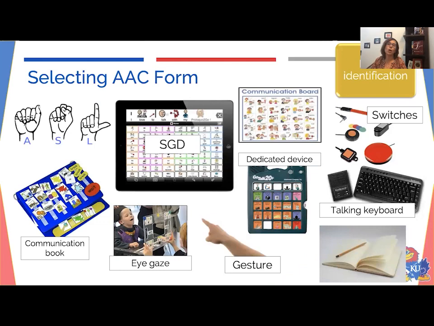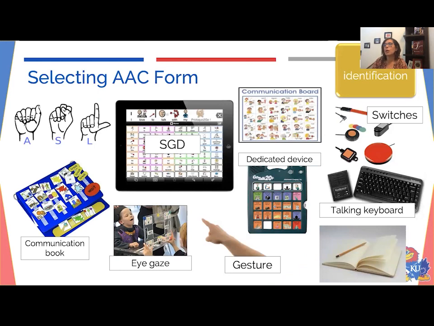So let's first talk about assessment, and let's talk about AAC assessment in particular. So remember how we talked about there being a variety of AAC systems or forms available? Each of these AAC systems requires different component skills to be able to be operated independently. So you have to be able to do different things to work these systems without any help from somebody else.